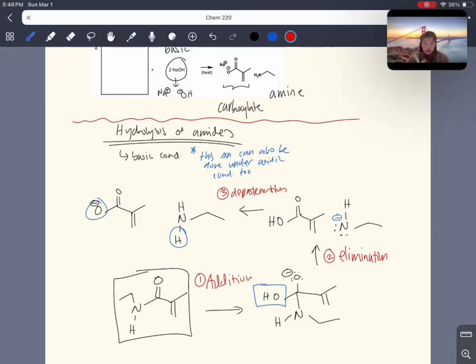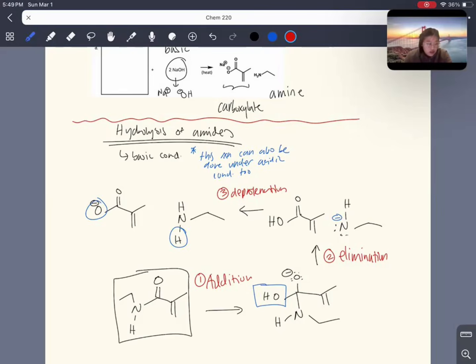In this case, I was able to work backwards from the hydrolysis of an amide reaction and get to the starting product, which is this. And if I wanted to check my work, I can rerun the forward arrow pushing mechanism of this reaction, and I would get the same final product in my answer.